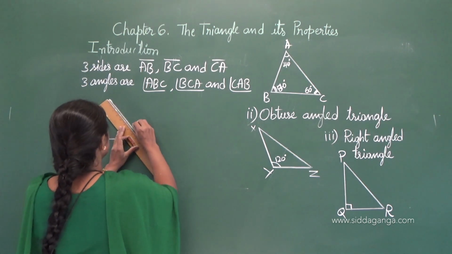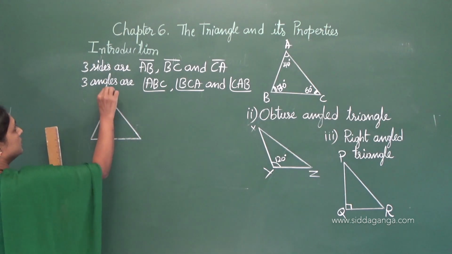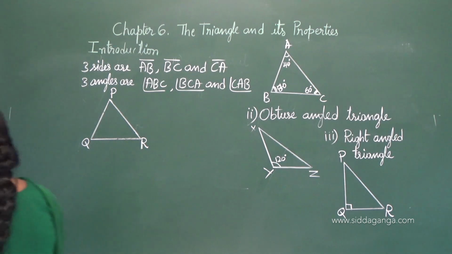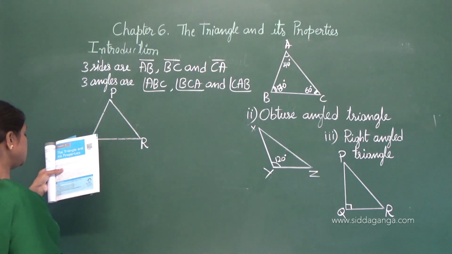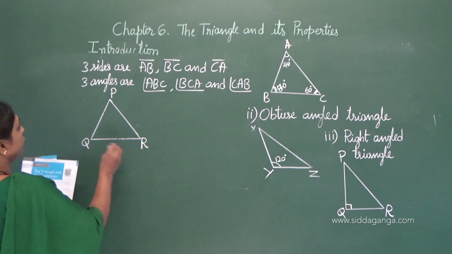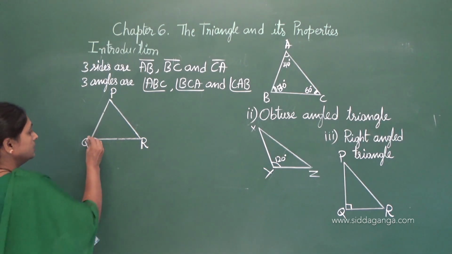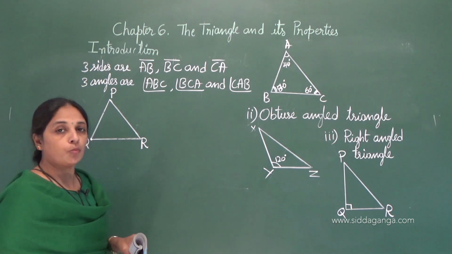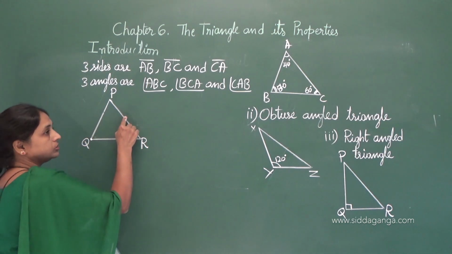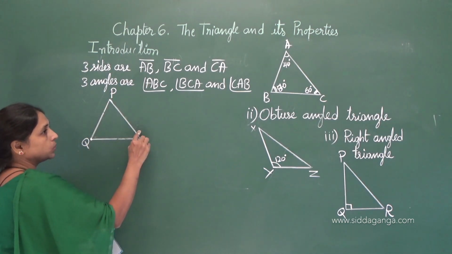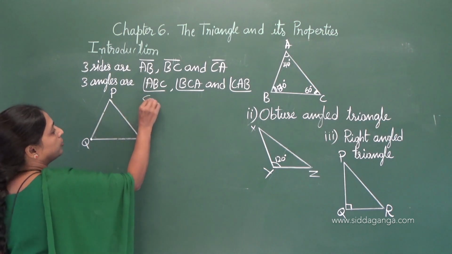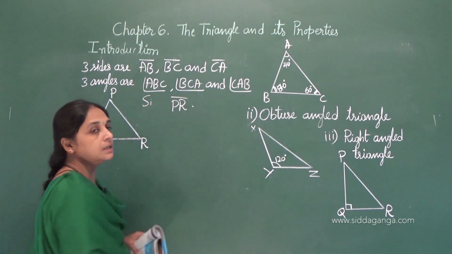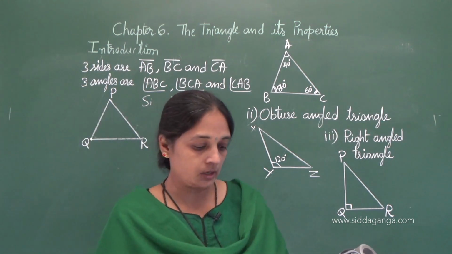Consider this is triangle PQR, and we have to write the side opposite to the vertex Q. Which is opposite to this vertex? It's PR. So the side opposite to the vertex Q is PR. Like this you have to try all of these.